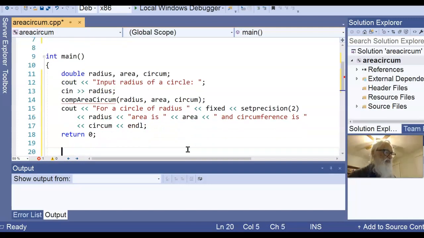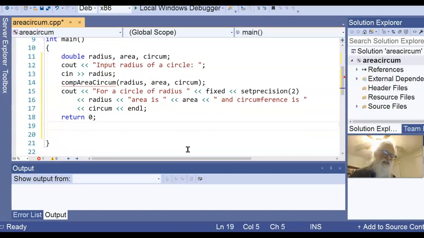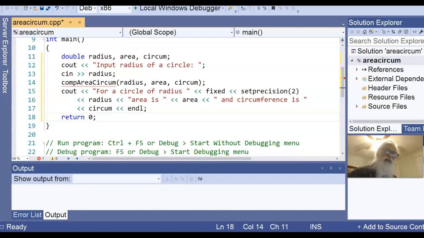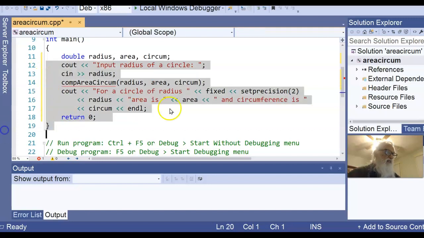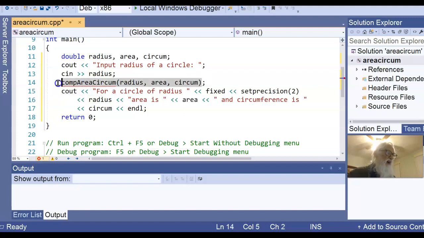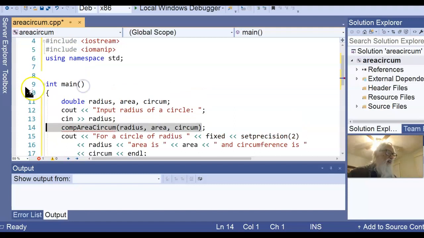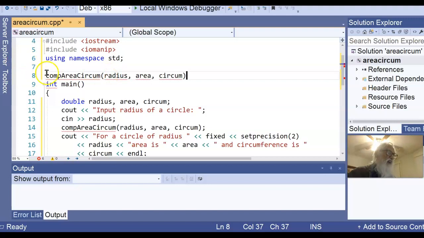Now, as I tend to do with a lot of these functions, I've done just about nothing. I left all the work to the function. So the function is going to be called compute area circumference. I'm going to put the prototype in first, and it's not going to return a value, so I'm going to call it void. This is going to be double, but here's the trick.